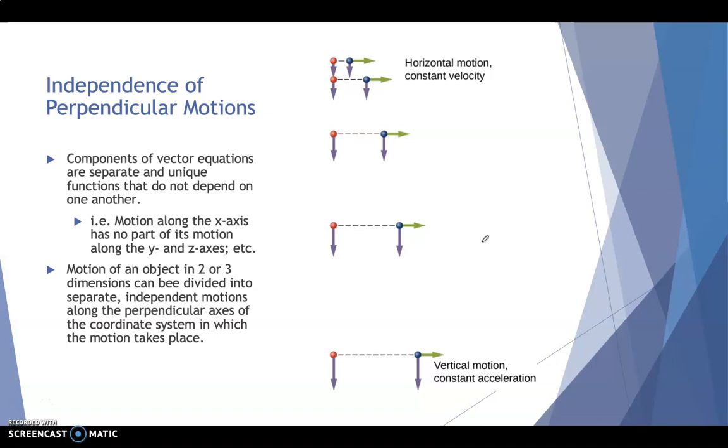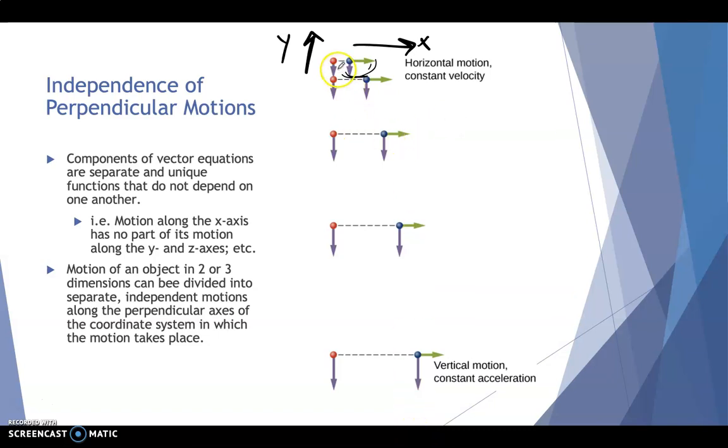So if I drop this ball, this one's red, and I toss, I guess, the blue ball in the x direction. Okay, so this is the x and the y directions. This blue one here has a horizontal motion, and it also has a vertical motion, but the red ball just has the vertical motion.